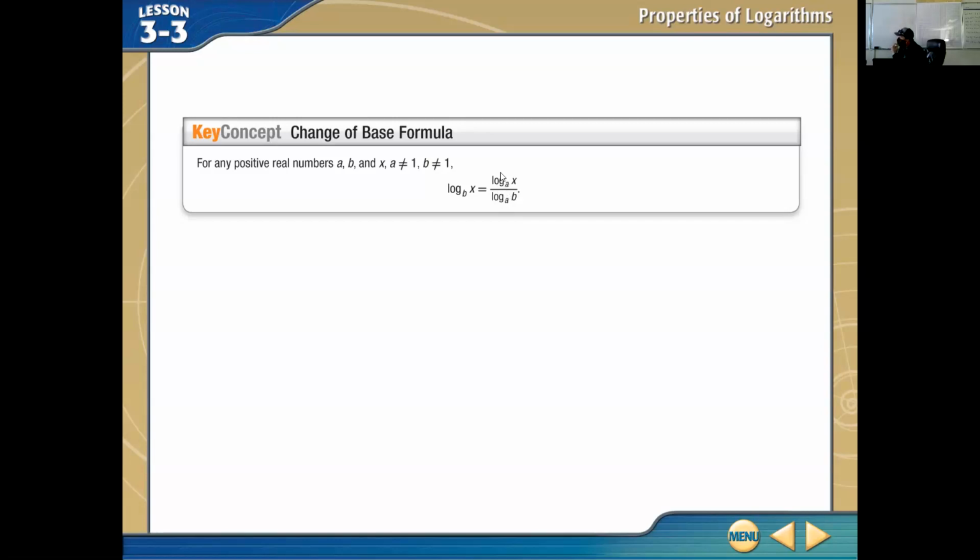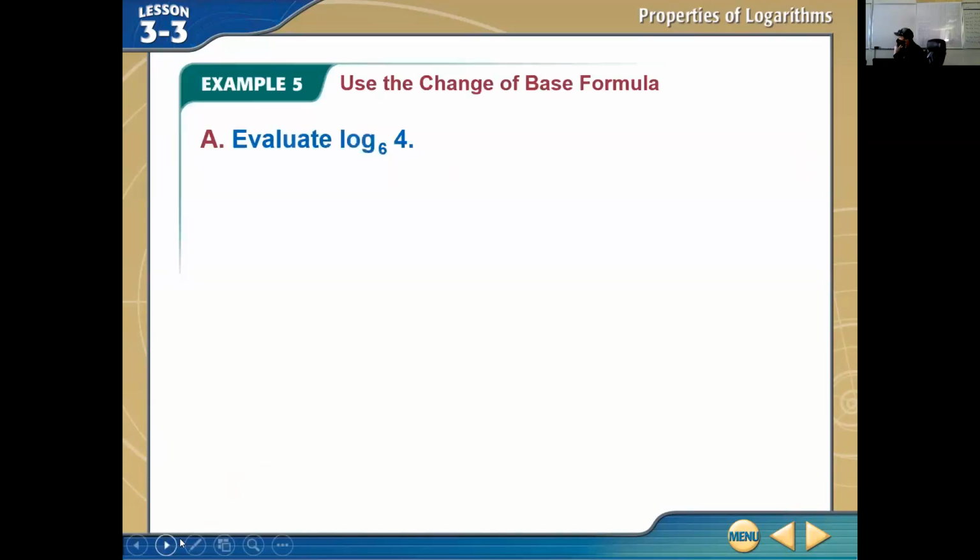So this would be the common log of x divided by the common log of b, or the natural log of x divided by the natural log of b. You see how it's b to the x, and then b, we're just plugging it in there, and you'll be able to see it on our next problem.